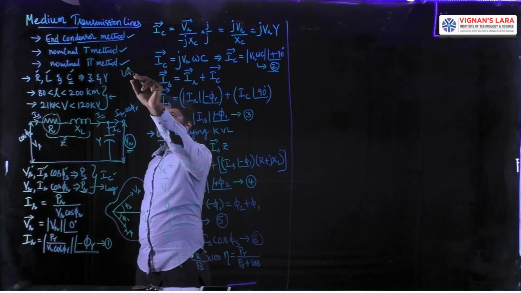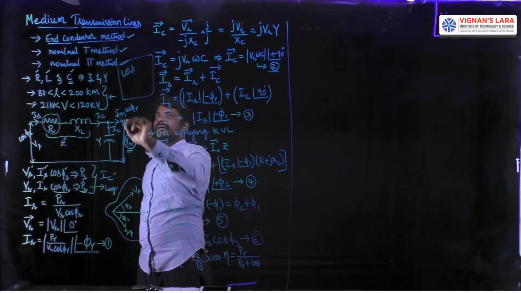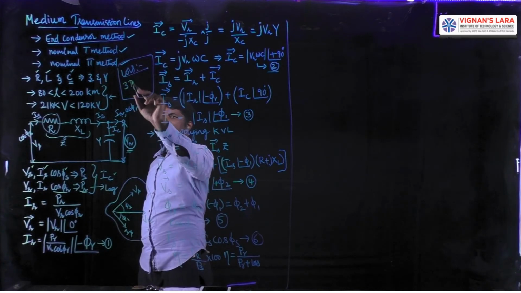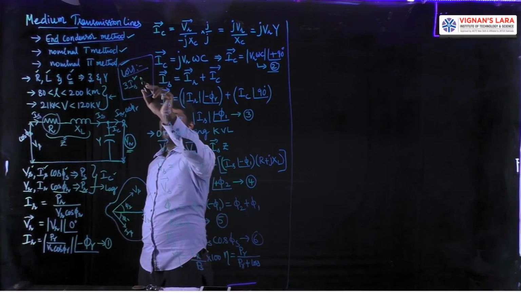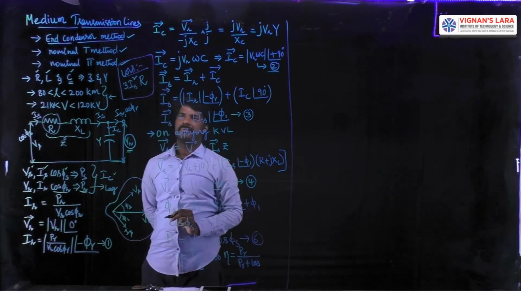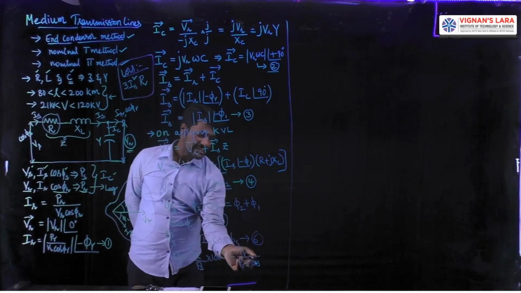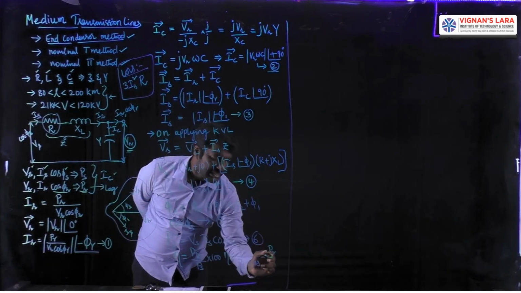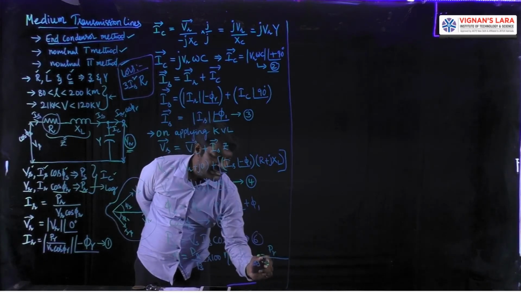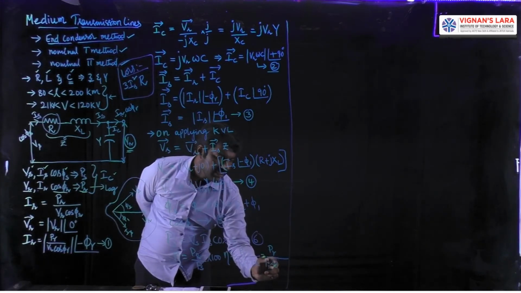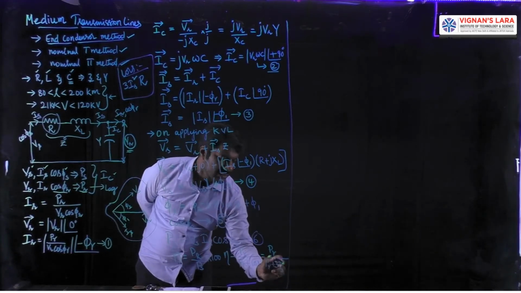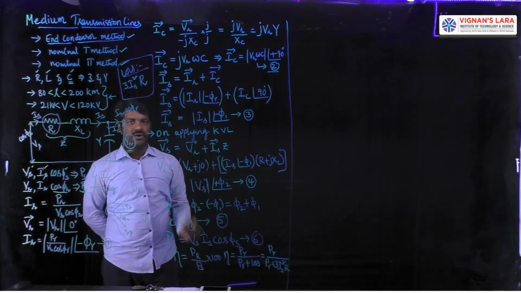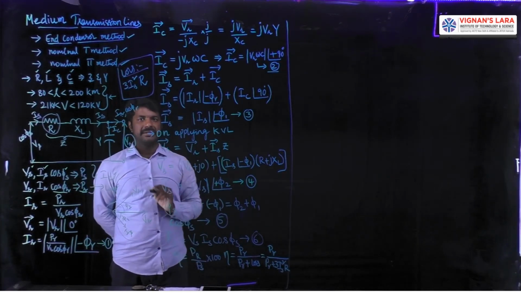The power loss, if it is a 3 phase, is 3 multiplied by the per phase current Is square into the resistance R. Thereby you can represent the loss here and write the equation as receiving end power PR divided by PR plus 3 Is square into the resistance R. In this way we can estimate the efficiency, one of the performance parameters.